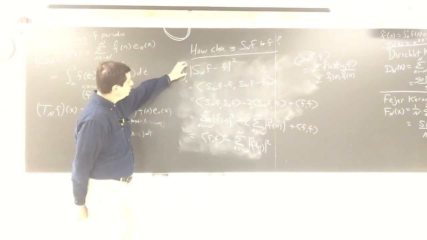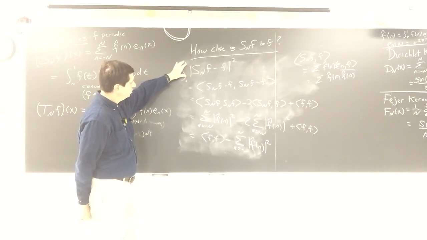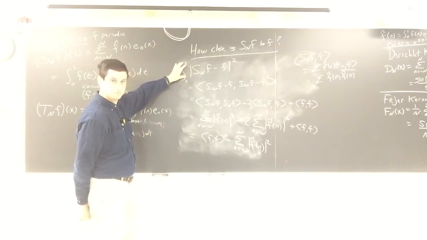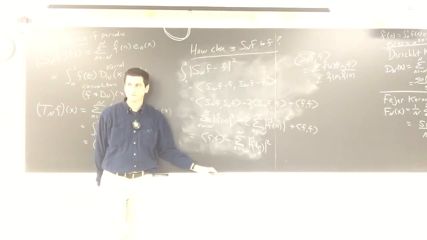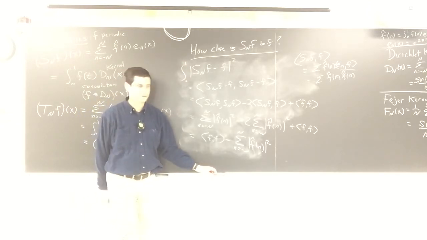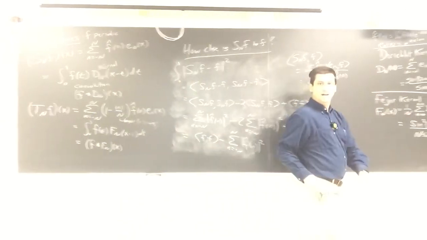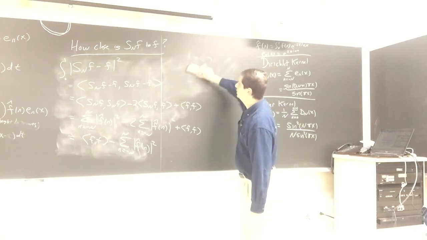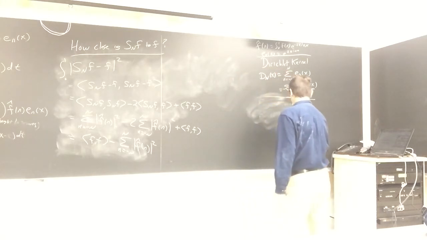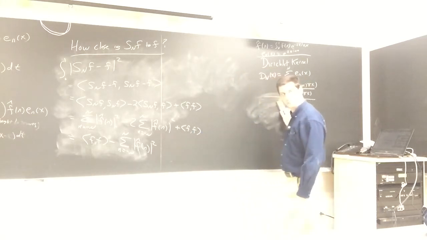Now, what do we know about this integral over here? What can you tell me about that integral? It's also an L1. If it's finite, and so our integral will be, well, we've shown that it's finite.